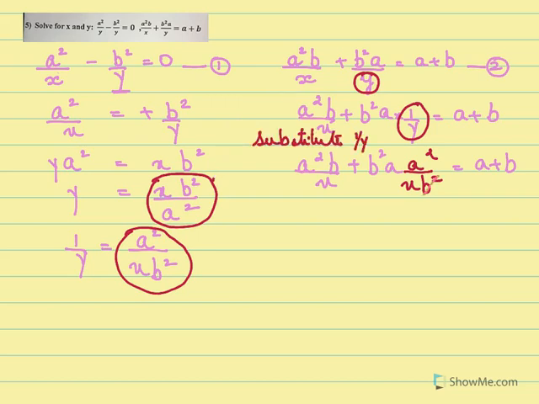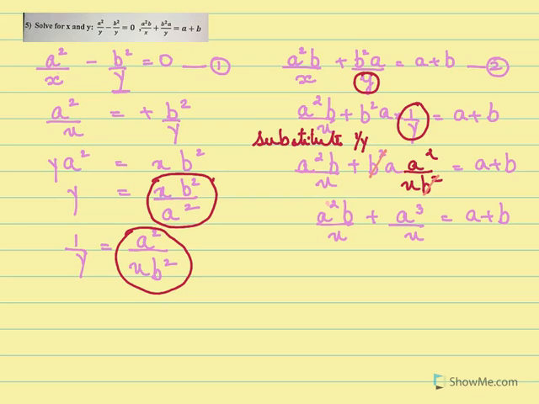Now on substituting, the b square will cancel out. So what remains is a square b over x plus a into a square is a cube over x equal to a plus b.